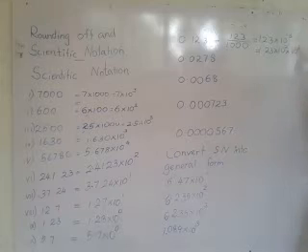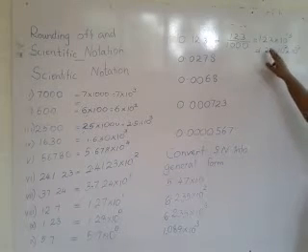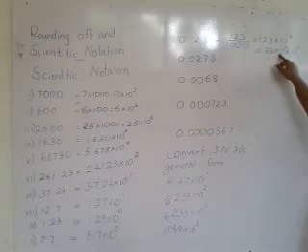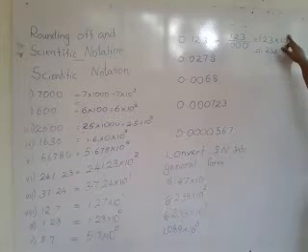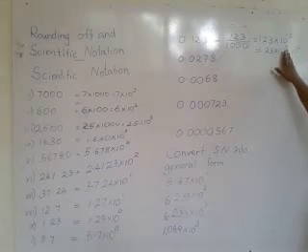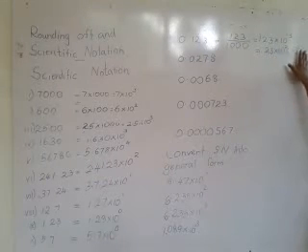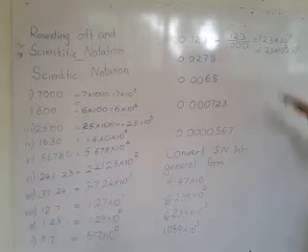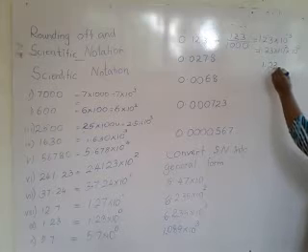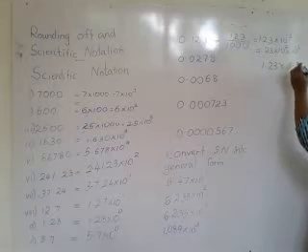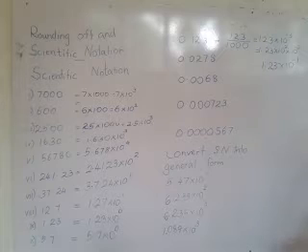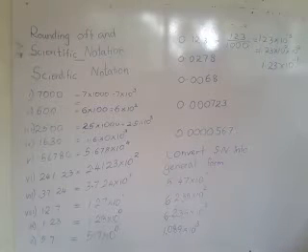Negative indices, like that way. Then 1.23 into 10 power of 2 multiplied by 10 power of minus 3. Minus 3 and plus 2 simplify, it becomes 1.23 into 10 to the power minus 1. That is the answer.